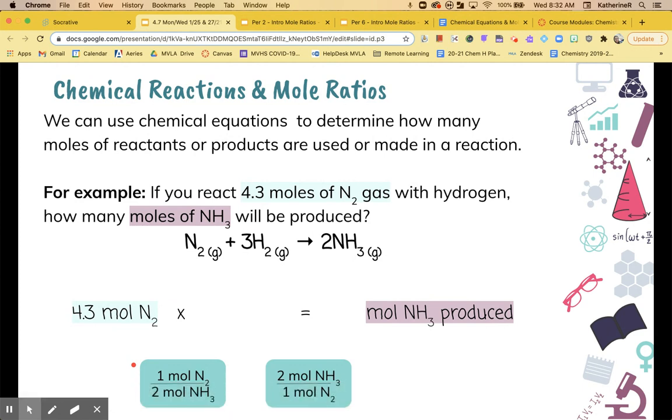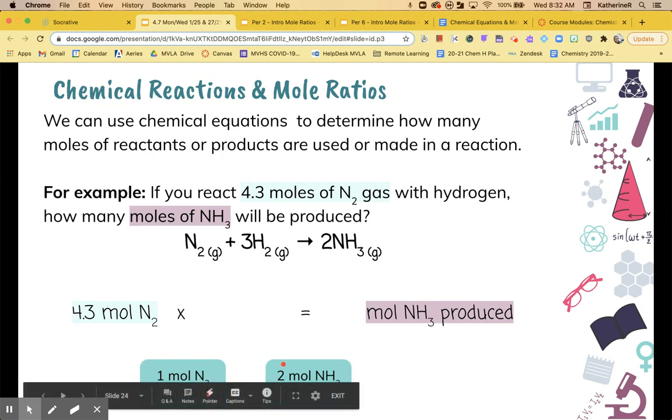I've got 1 mole of N2 over 2 moles of NH3, and I've got 2 moles of NH3 over 1 mole of N2. If I look at my chemical reaction up there, I got those numbers right from the coefficients in my chemical equation. So now I need to determine which one to use. So you can pause, think for a moment, which one of these should you use?